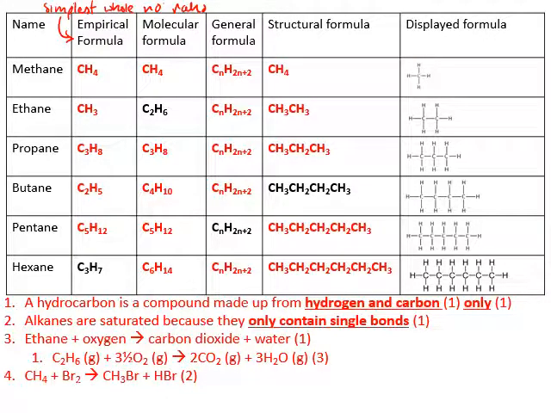Your general formula is given here, and that formula is the same for the whole of the homologous series, and then your displayed formula. That's another definition that the exam could ask, and that just shows all bonds and all atoms.